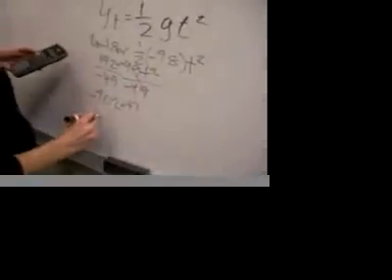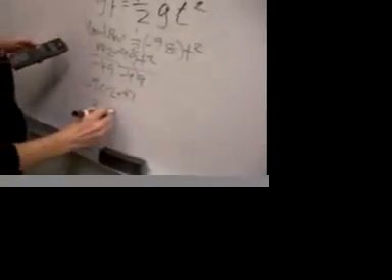Take the square root of that. It should just be 3 seconds, because of 9. Yeah, so that's right. So it's about 3 seconds for the egg to drop.